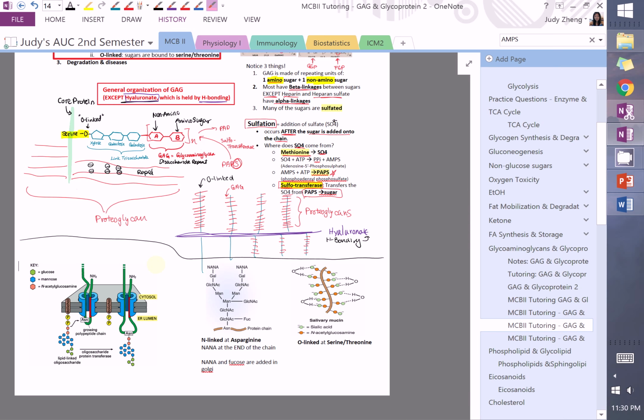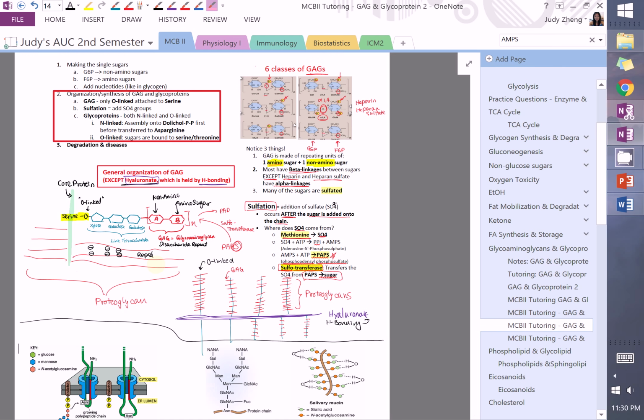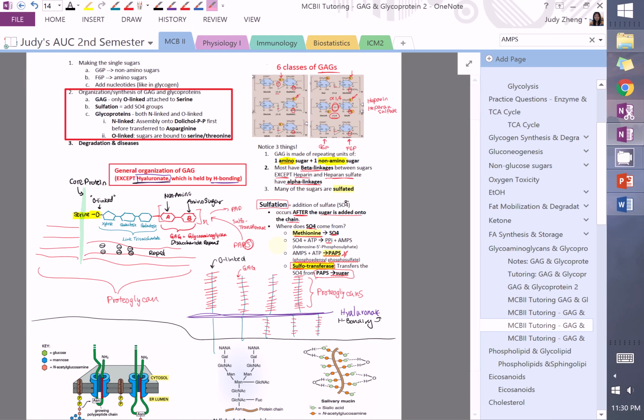Now we just need to talk about glycoproteins. Glycoproteins are typically shorter chains of sugar and more protein. There are many places that you find glycoproteins, most notably on many cell surfaces.